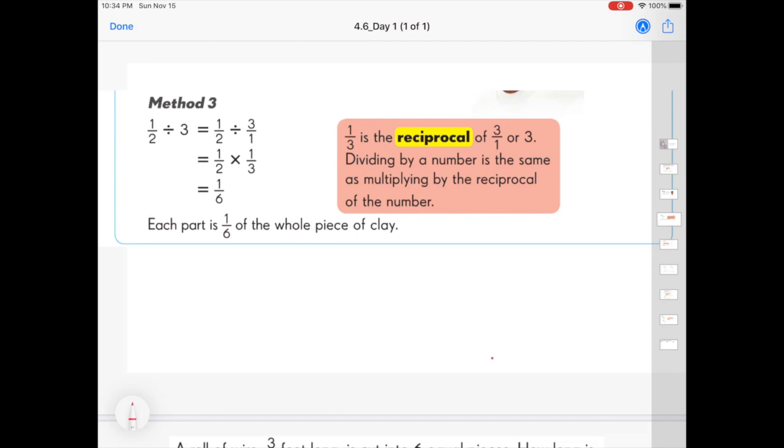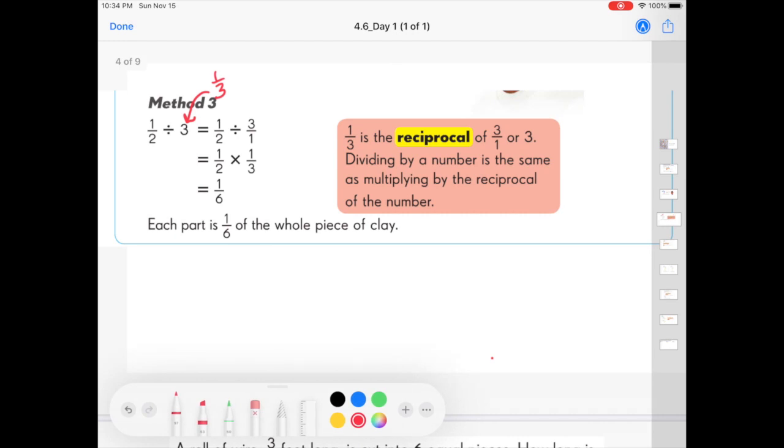Now, the third method I want to show you really builds on that last method that we looked at. Understanding that when you are dividing a number by 3, you're really taking a third of that number. So method 3 really builds off of that concept. One vocabulary word that you need to be familiar with is the word reciprocal.